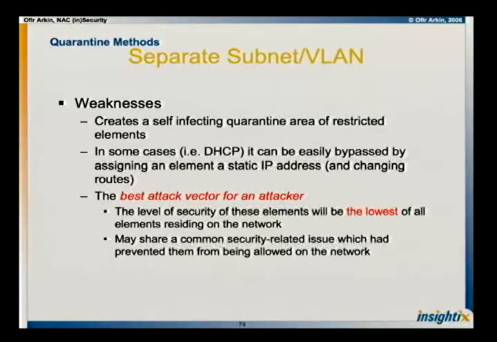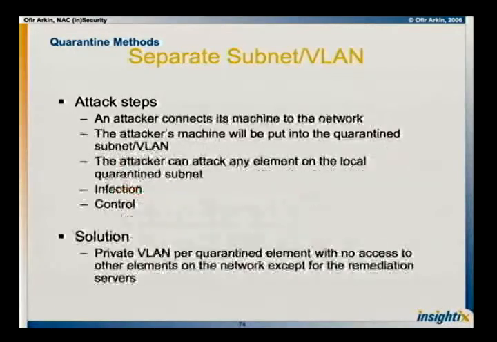So if I'm an attacker and I would like to attack an internal network, I don't care to be admitted to the network. All I want to do is be on the quarantine side. Because guess what? All those elements on the quarantine side may share a certain vulnerability, a certain problem. So what I do is admit myself to the quarantine side of the network.